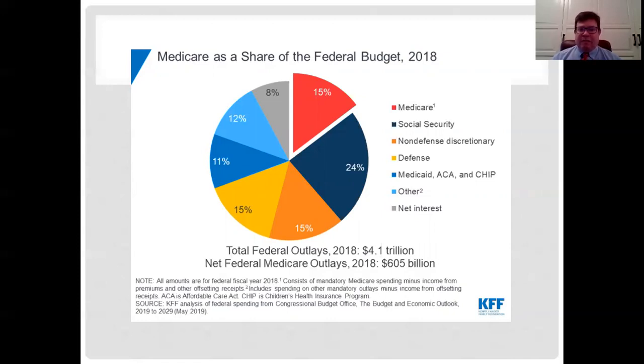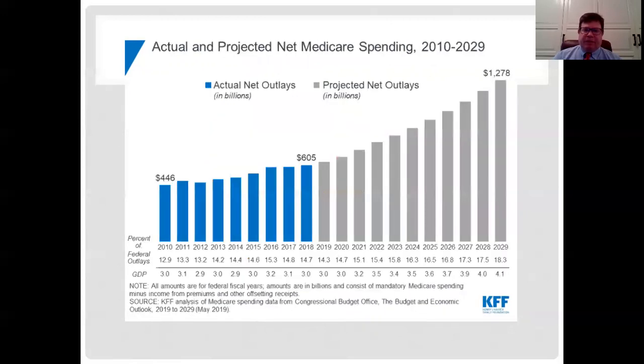So when we're thinking about this, Social Security is bigger, but Medicare is tied with non-defense discretionary and defense. So throw in Medicaid, the Affordable Care Act, and Children's Health Insurance Program, and all of a sudden what we're looking at is 26%, which actually makes health insurance or health provisions larger than any other category in the federal budget.